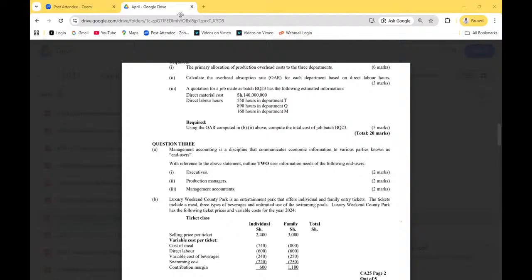Then accountant, management accountant. We talked about cost accumulation. Who does that? The management accountant will help us understand that, at the end of the day, this product should be costed at this particular amount, right?